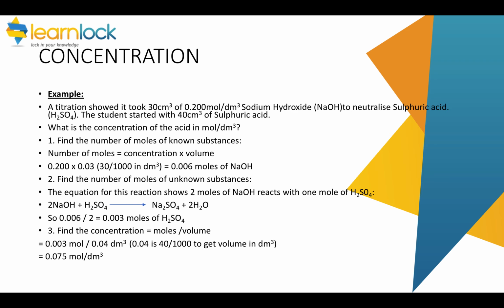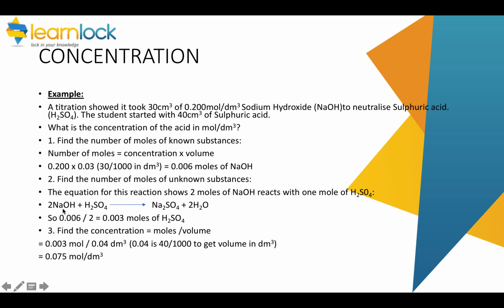What's the concentration of the acid? First of all, find the number of moles of the known substance. The known substance in this example is sodium hydroxide. So the number of moles would be 0.200, the concentration, times by the volume. Remember, you need to take that 30 and divide it by 1,000 to get it in dm3.